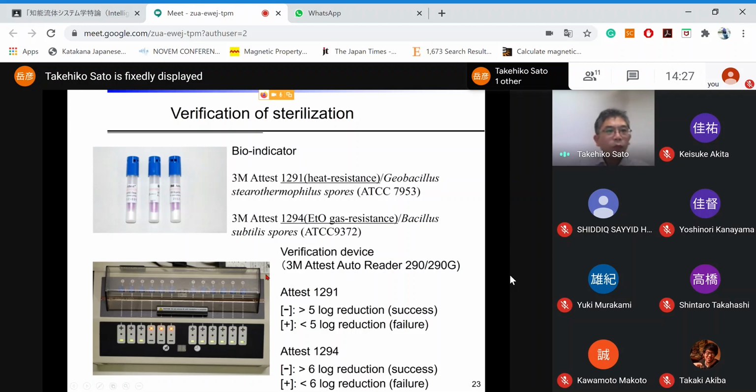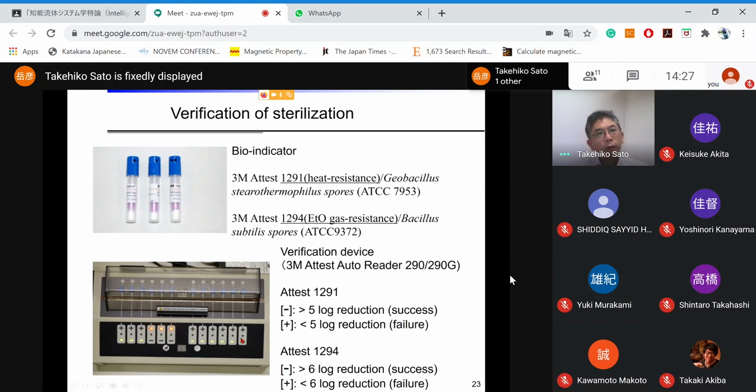This is a commercialized one. Inside, there is a paper filled with the bacteria spore, and we take it out and put it in the plasma area, and then return it to here and check the sterilization like this.